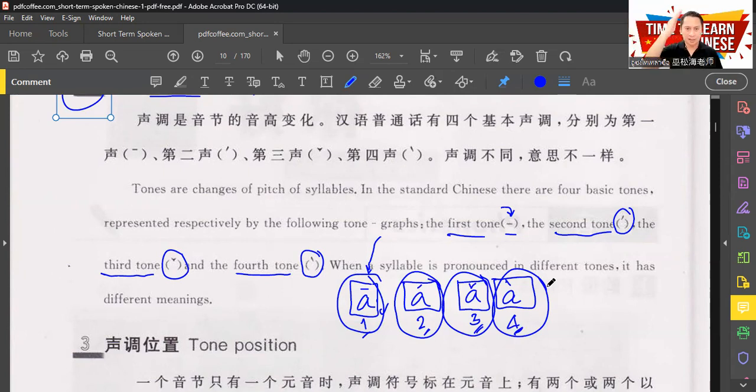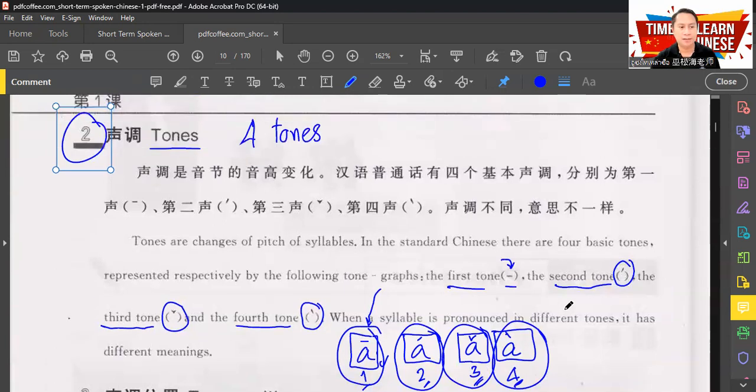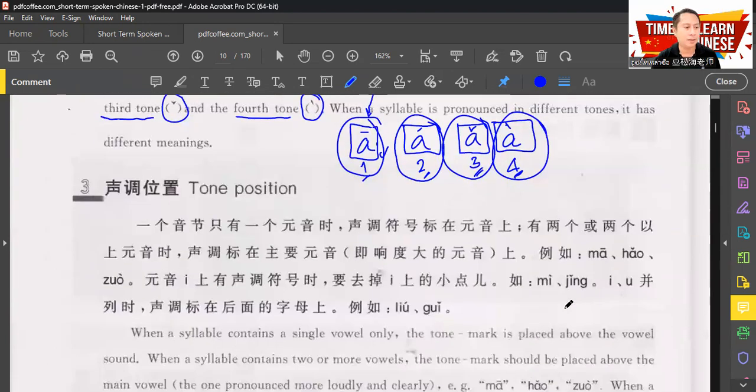Third tone, ǎ. And fourth tone, à. One more time. Okay. It's enough for the second part.